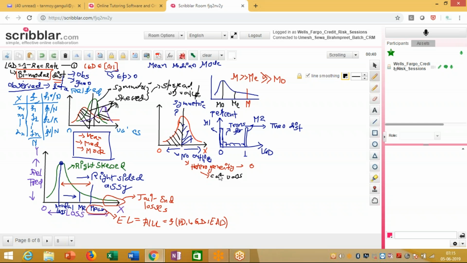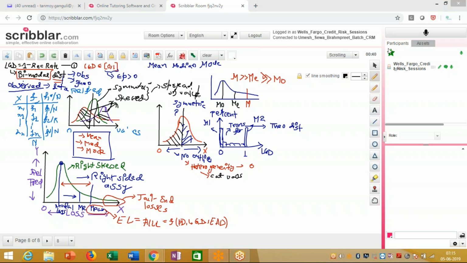So even if you do have a mode capturing the lower end, the next thing you need to understand is that there are also extreme values in the same distribution which are going to pull up your mean or your average values, right?